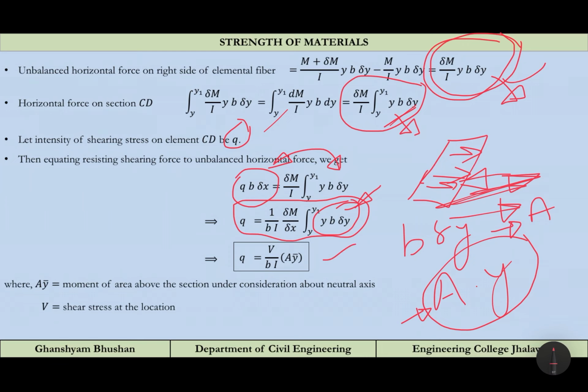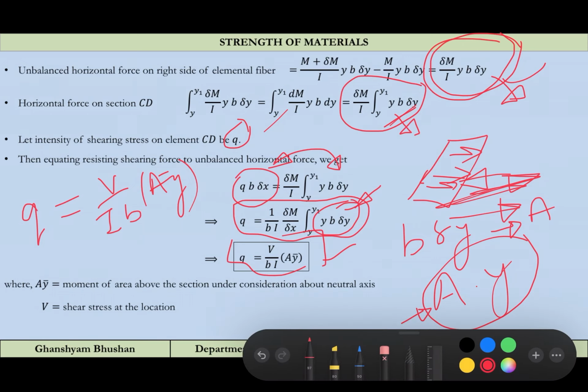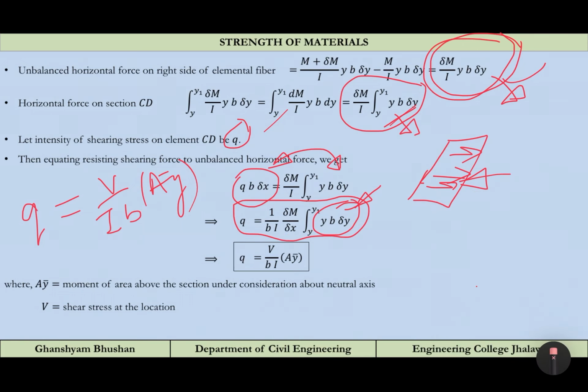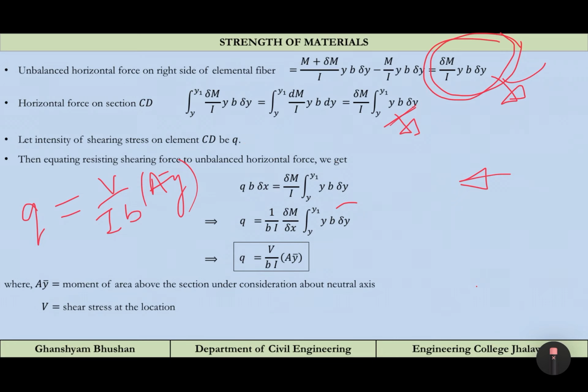So we take this as A y bar. A y bar is the moment of the area above the section under consideration about the neutral axis. V is the shear force at that location. So we have the formula Q equals V upon I b into A y bar. Clear? These terms are very important, and you have to be very careful in taking them.